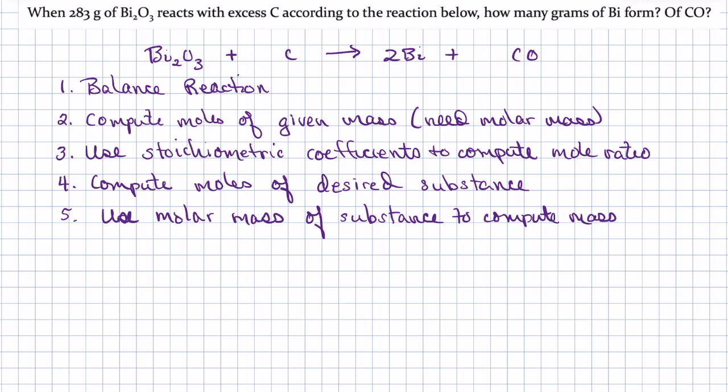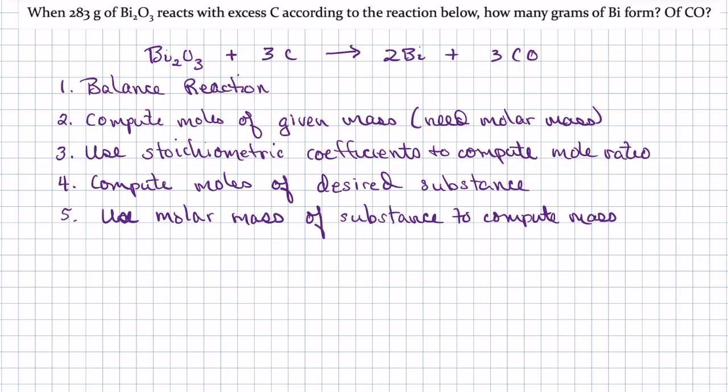We've got 3 oxygen atoms, so let's put a 3 in front of the carbon monoxide on the product side. And now, how many carbons do we have? Well, we've got 3 carbons on the product side, so we're going to need 3 carbons on the reactant side. So we're going to add a 3 in front of that.